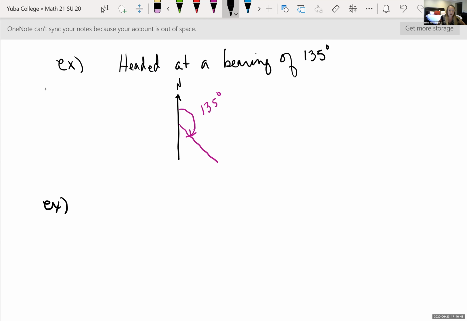Okay, so going back to that problem, we're off the shore. We look up and we see a cliff. There's a cliff off the shore, and we know that this cliff is 100 feet tall.